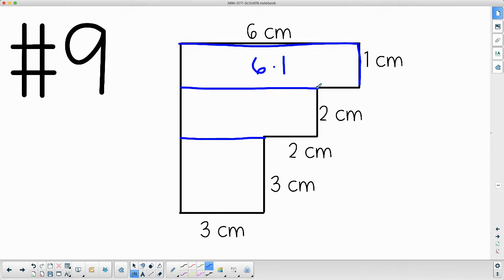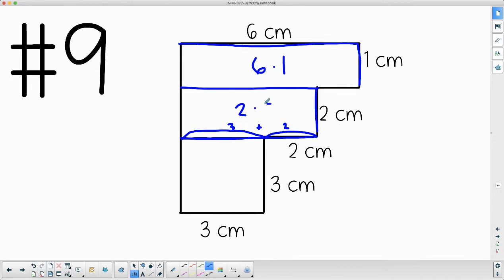Okay, this next one, I know that this is 2, but I need to figure out this whole piece here. So I can see that this part is 2, and then connecting these, I can see that this part is 3. So 2 and 3 together are going to make this 5 total.